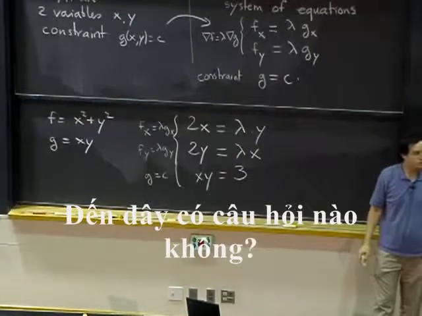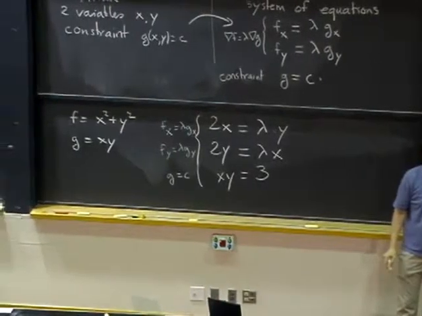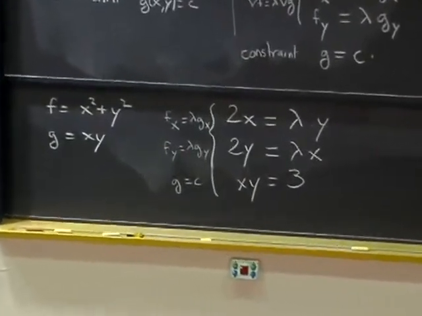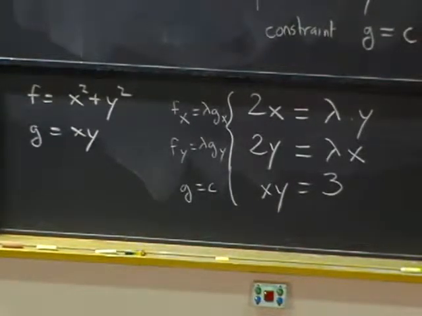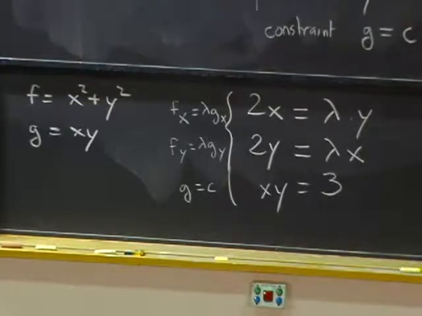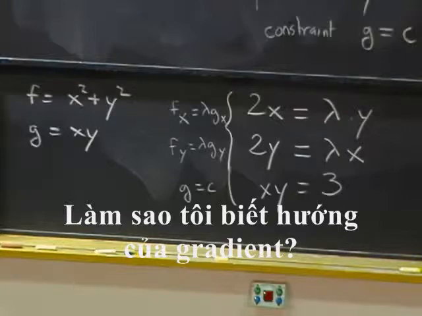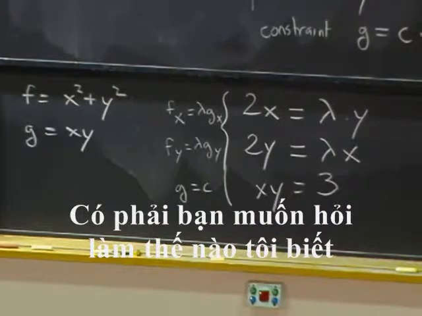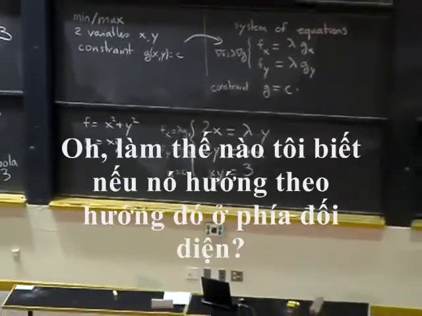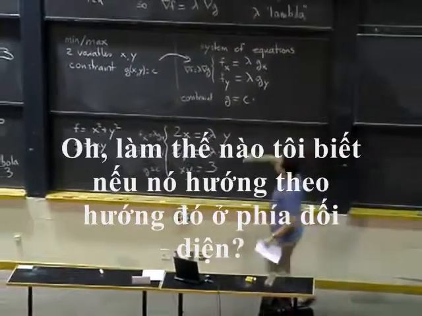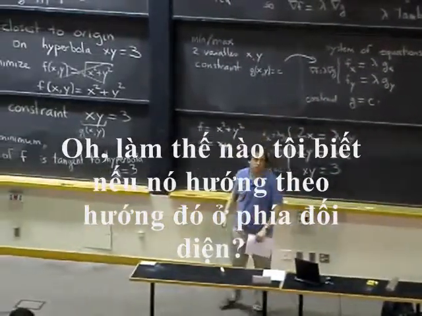Okay, any questions at this point? No? Yes? How do you know the direction of the gradient for the two-dimensional curve? Do you mean, how do I know that it's perpendicular to the level curve? Yeah, how do you know it points in this direction? Oh, how do I know whether it points in that direction or in the opposite one?